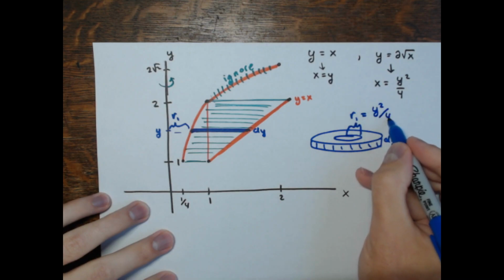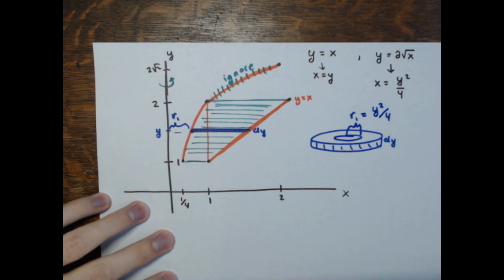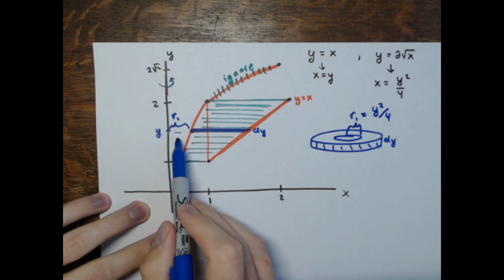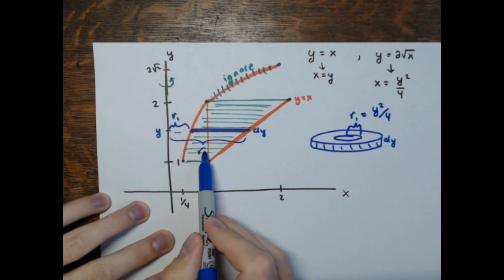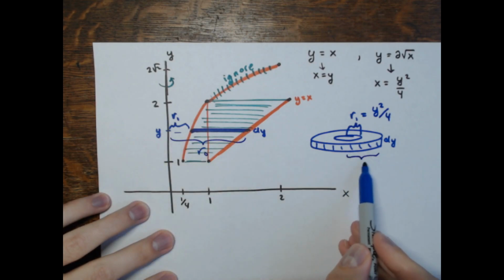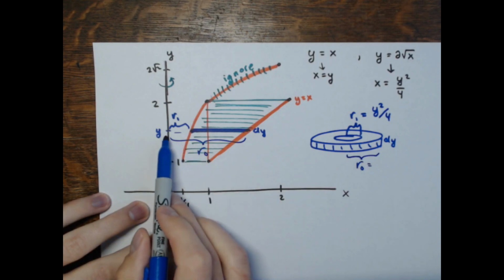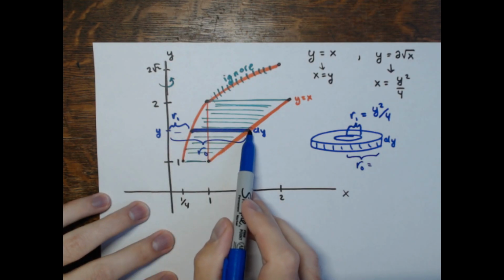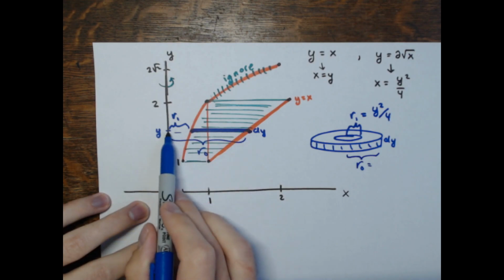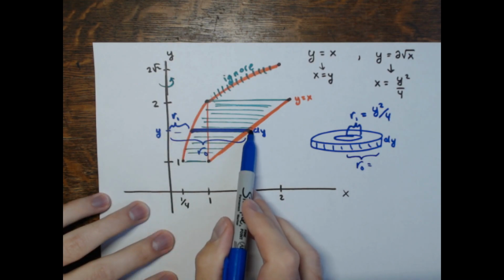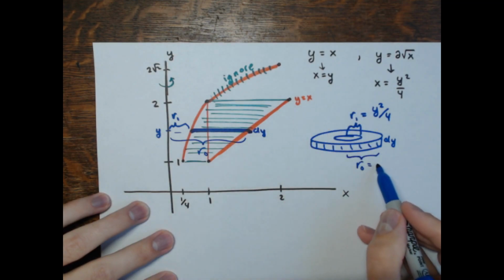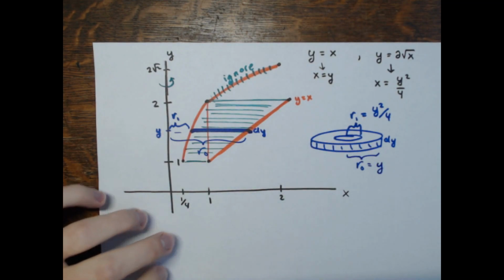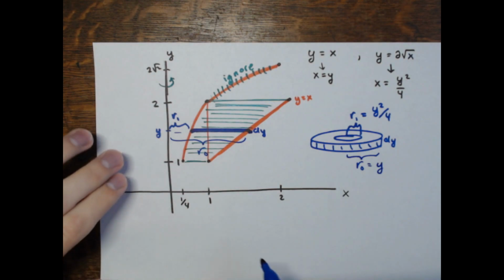So the inner radius is y squared over 4. And then the outer radius is the distance from the y-axis to the point on the end of the rectangle on the right curve, which will be the x-coordinate of that point. On that curve, the x-coordinate is the same as the y-coordinate, so in terms of y, it's y.